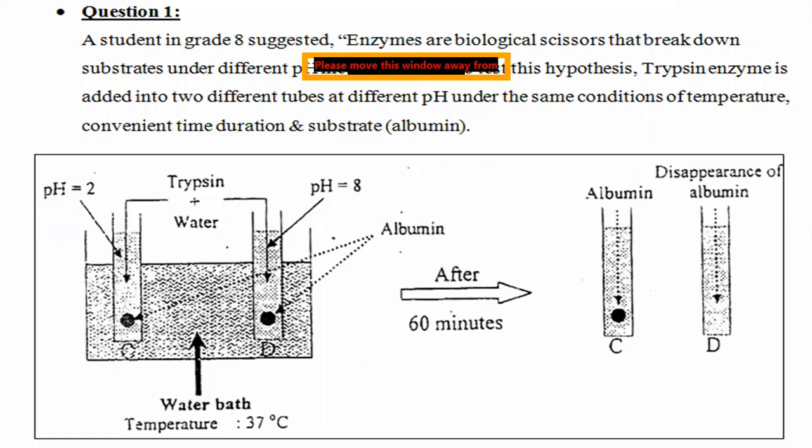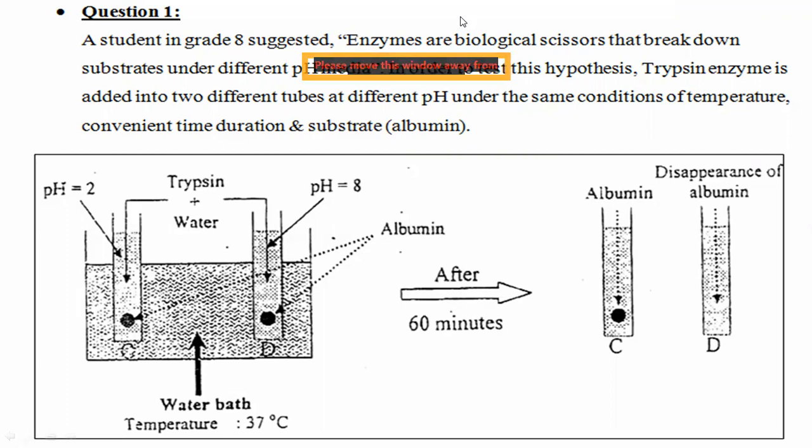A student in grade 8 suggested that enzymes are biological scissors that break down the substrate under different pH media, meaning under different pH. In order to test this hypothesis. Which hypothesis?